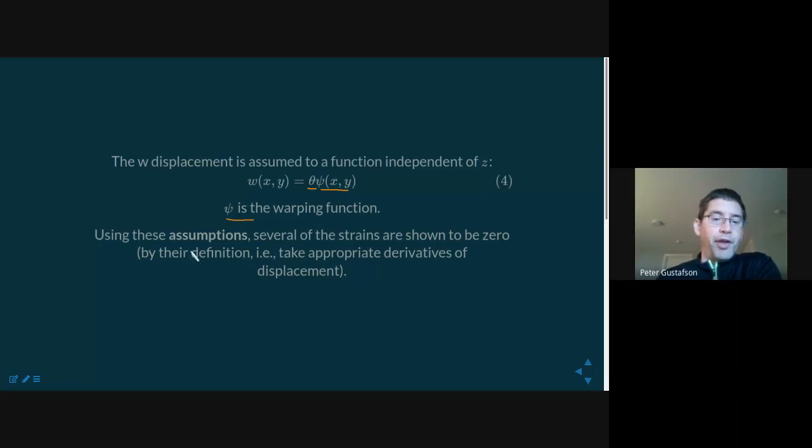Another really critical thing is once we have assumed this, we observe it, we state those as assumptions. Once we make those assumptions, actually it turns out that we can compute strain, and several of the strains are identically equal to 0 by definition. Let me show that to you.